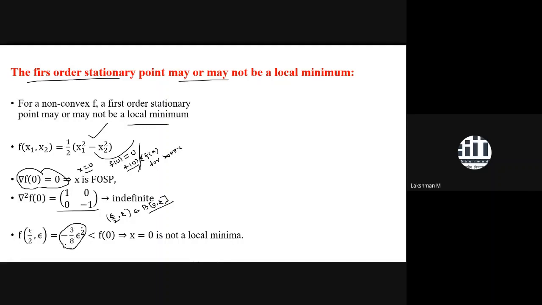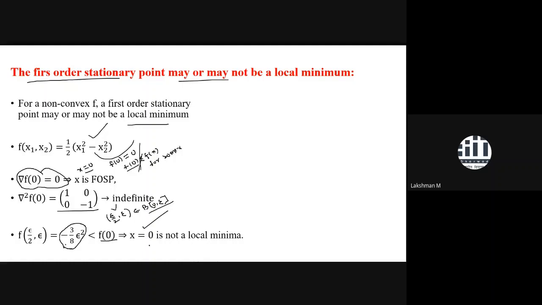That means f is taking a negative value at this point, but at 0, f is taking value 0. So this quantity is strictly less than f of 0. Then it simply signifies that 0 is not a local minimum. Despite 0 being a first order stationary point, it is not a local minima.